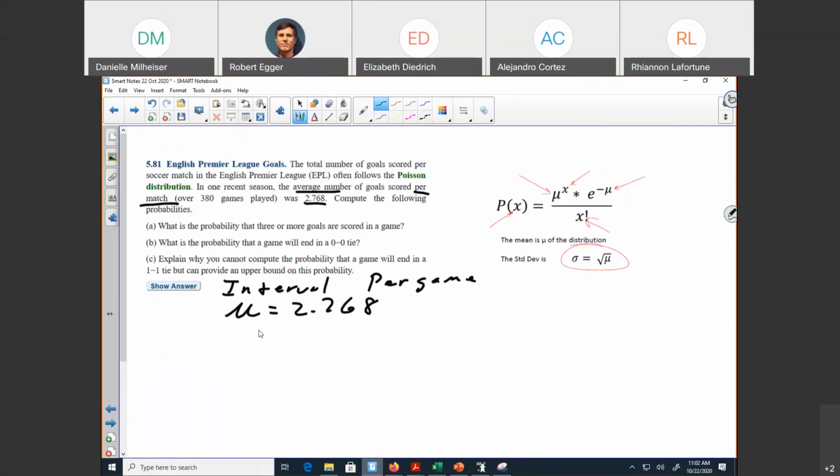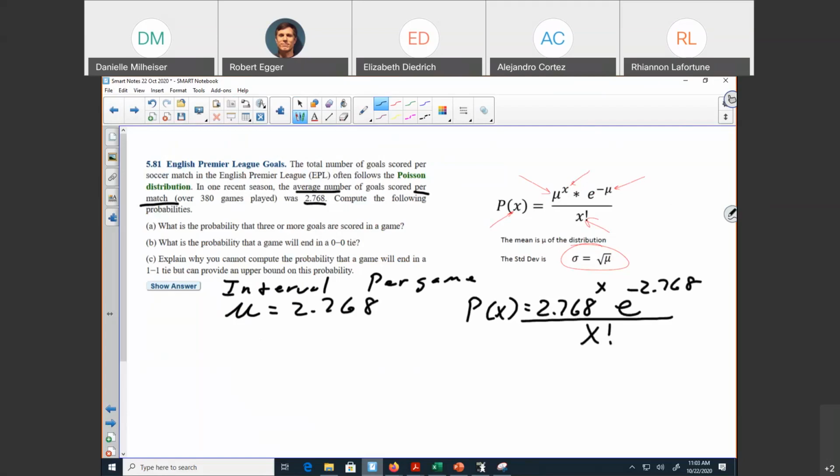So part A is what's the probability. So P of X, with this Poisson, is going to be 2.768 to the X times e to the minus 2.768, over X factorial.